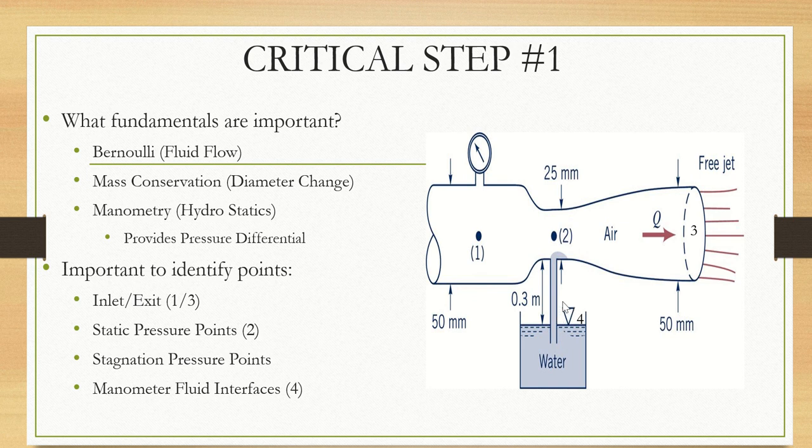We want to identify those points because in the problem we may be solving for multiple streamlines involving multiple points. We always want to make sure that we identify those points up front to help guide us along our solution path.